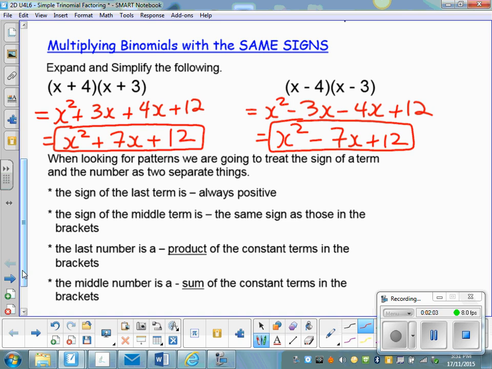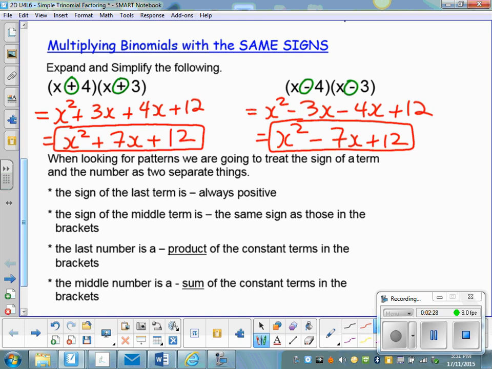We're focusing first on situations where the binomials have the same sign. So either both binomials we're multiplying together are positive in the middle, or they're both negative in the middle. Let's have a look at what information we can take from what we have up above.